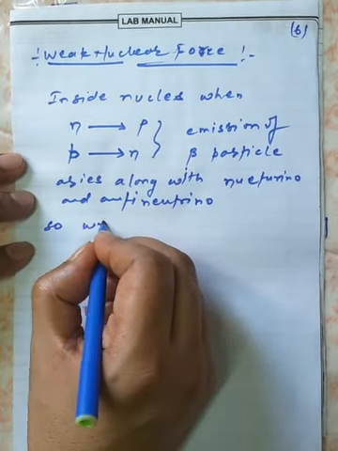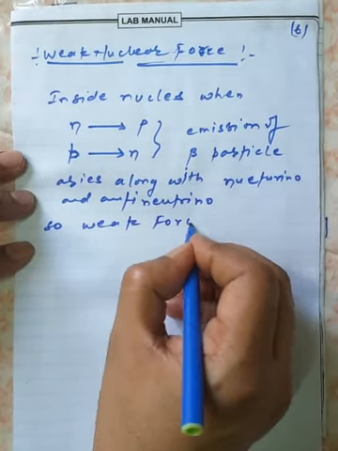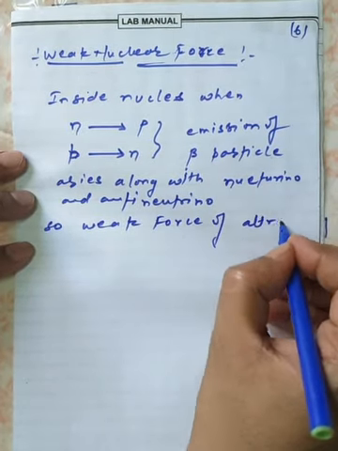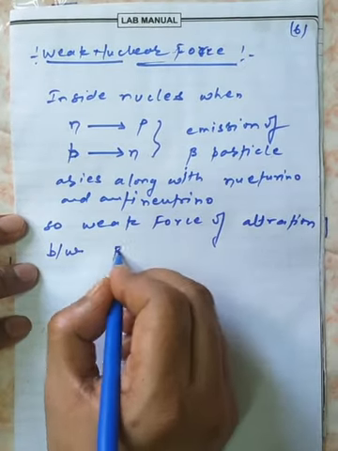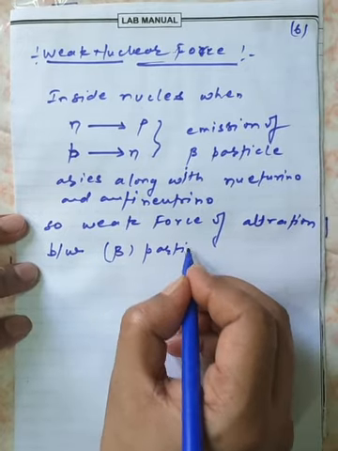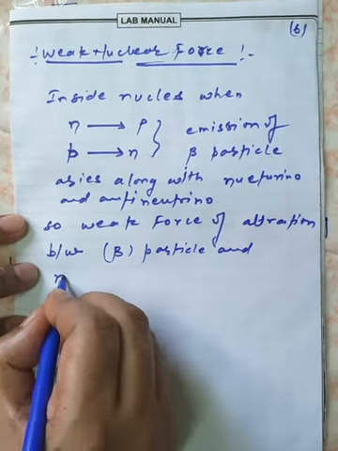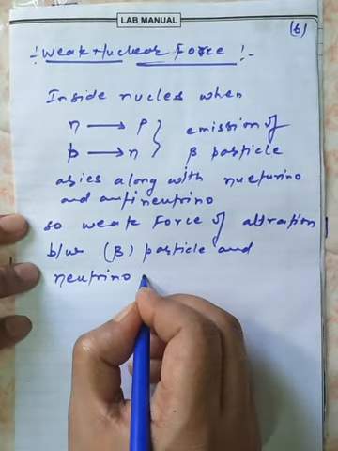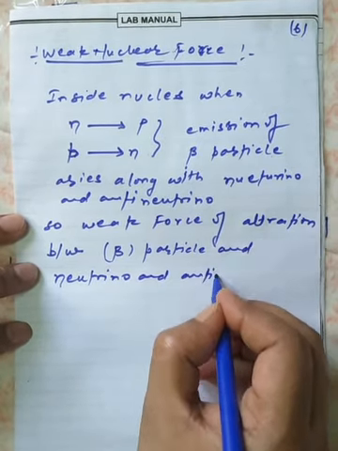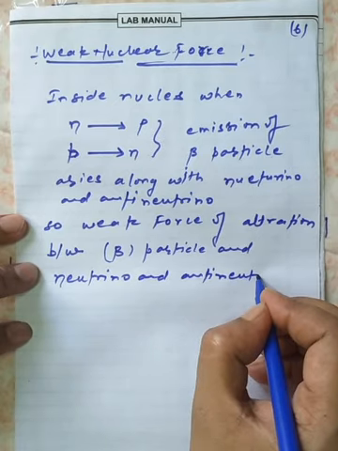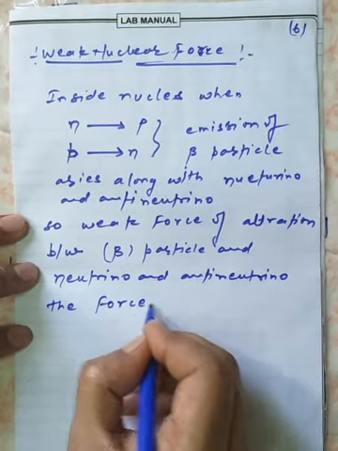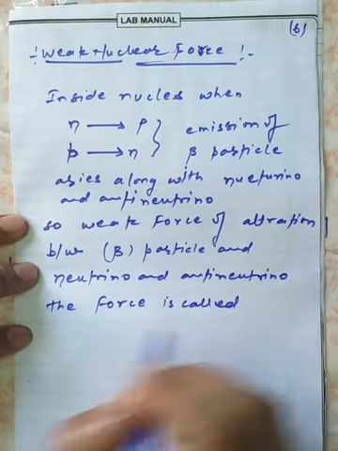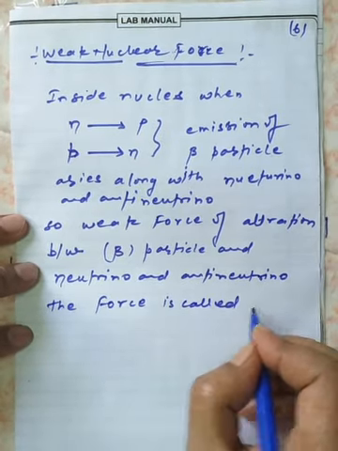So the weak force of attraction between the beta particle and the neutrino and antineutrino is called the weak nuclear force. Okay. So what is a beta particle?